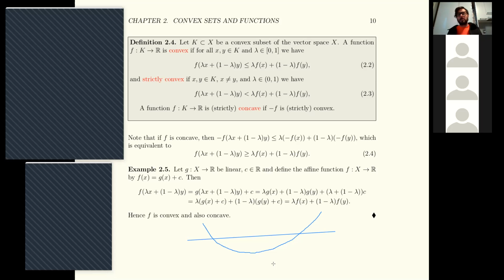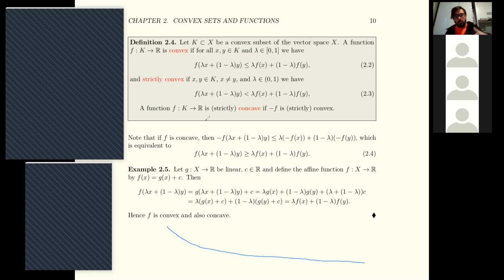It doesn't have to curve upwards like this, because it can go, for instance, like this, ever sloping, going downwards up to infinity.